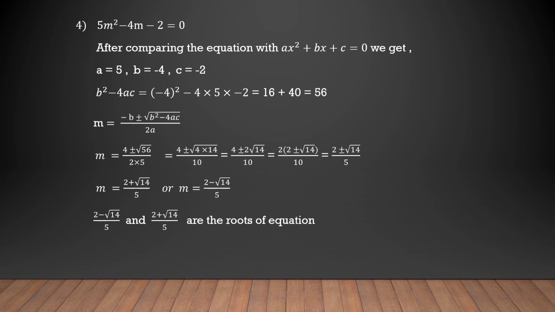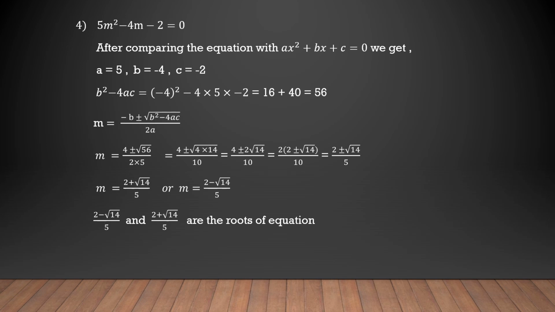So we write 4 ± √56, divided by 2 into a. A is 5, so we write 2 into 5 here. Then we solve this 4 ± √56.